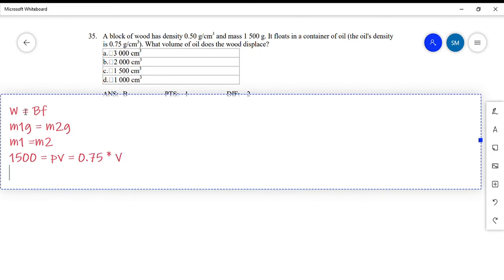So the volume is simply equal to 2,000 centimeter cube. You will solve it as a normal equation: you will divide 1,500 over 0.75, so the result will be 2,000 centimeter cube.